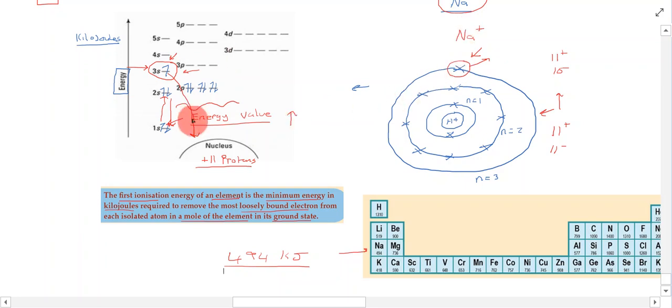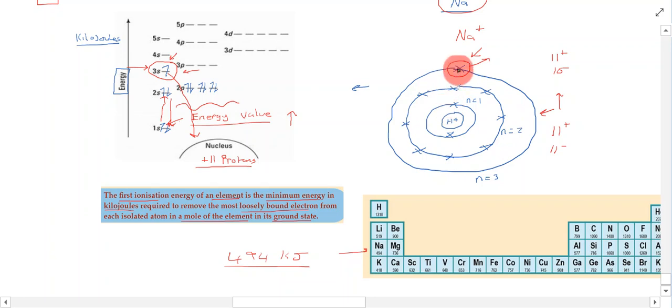Now again, there are a number of factors that influence this. If we have a look here, as we move down a group, the ionization energy reduces. If we look at potassium, for example, its first ionization energy is 418 kilojoules. That makes sense because within potassium, there's a lot more screening effect happening.